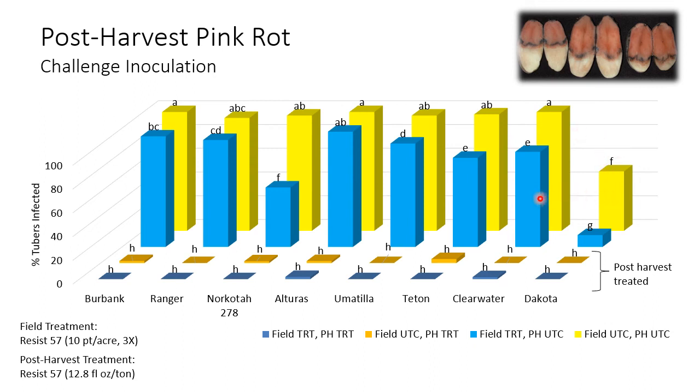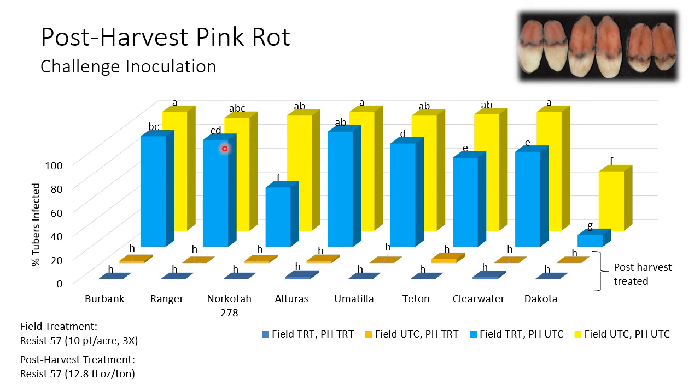Now, the blue columns in front of that represent those same potatoes, only they received the foliar program of phosphite. So in this case, it was Resist 57. We made applications of 10 pints per acre 3 times, starting at dime-sized tubers. And we had a statistically significant drop with Burbank. There was a fair amount of disease.